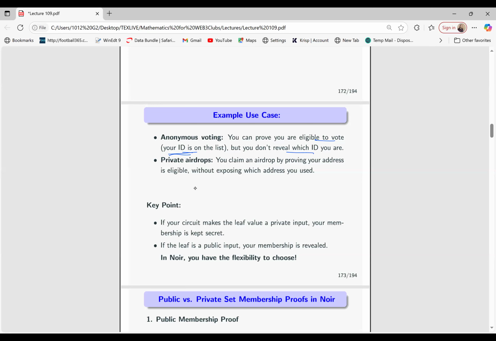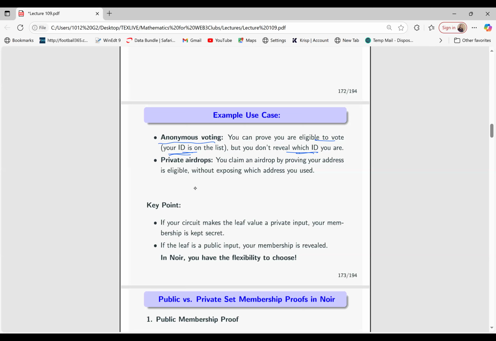You want to confirm to the verifier that your ID is on the list without revealing it. So that's one thing you'll be doing in anonymous voting.